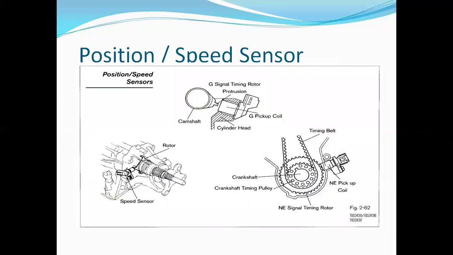So these are the pictorial representations of position or speed sensors, where they will be placed and at what dimensional accuracies the manufacturing of these position sensors needs to be done, and the design or fabrication works have to be considered, and where the locations play a major important role.